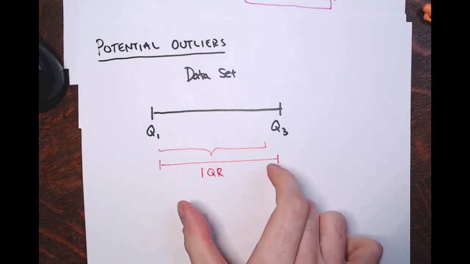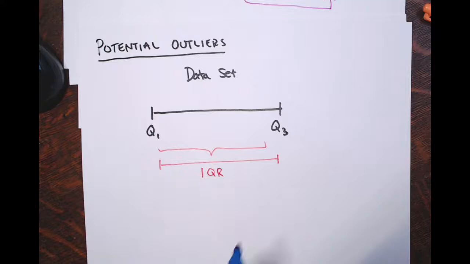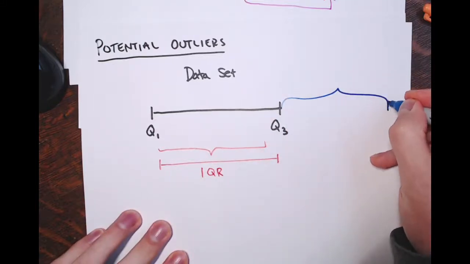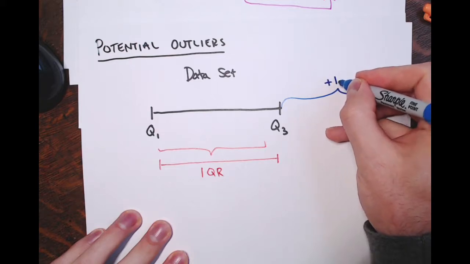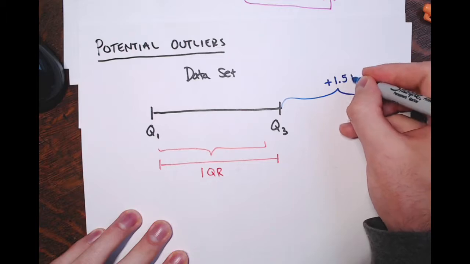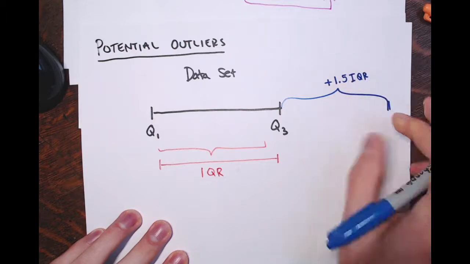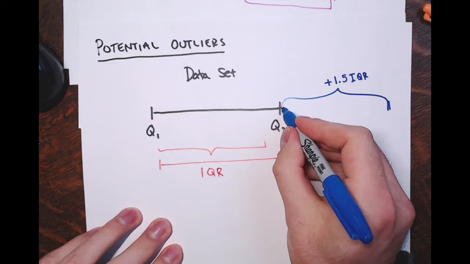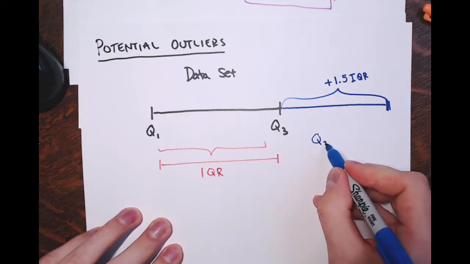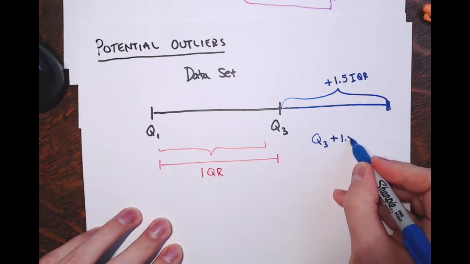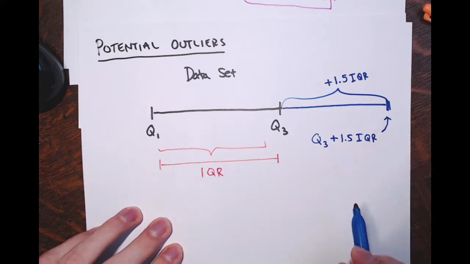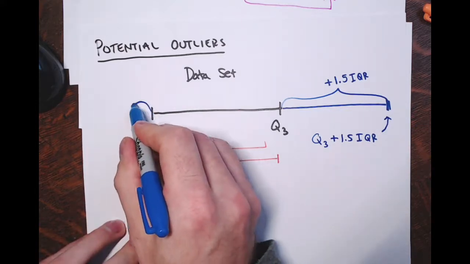I just said that, Q3 minus Q1. If you take this interquartile range and add, not one of it, but 1.5 of it. It's not looking perfect here, but if I take the third quartile, Q3, and then add to it 1.5 interquartile ranges, and then do the same thing on the other side.